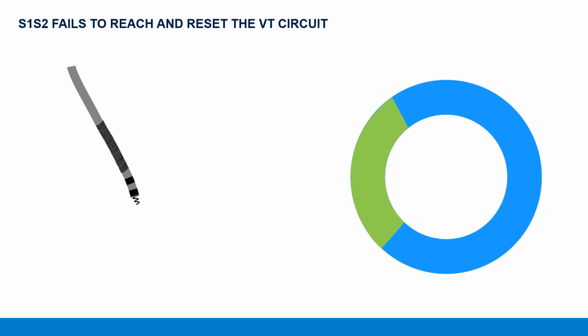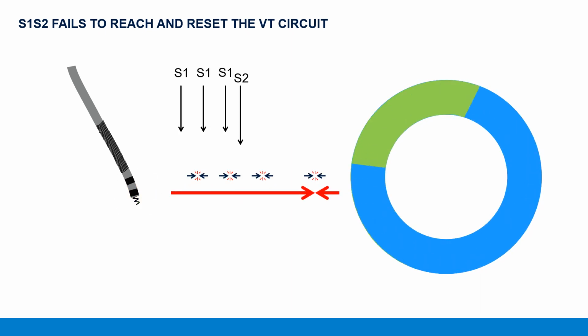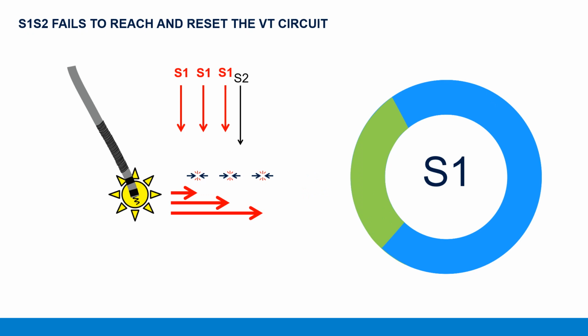Let's review a scenario where the S2 pacing pulse fails to even reset the VT. Here we are pacing during tachycardia, delivering some S1s and then an S2, and the VT is continuing. Let's break this down and see what happened. First, the S1 beats, and here there were only 3, insufficient to get to the circuit, partially reclaimed the territory between the pacing site and the circuit, but didn't quite make it there.